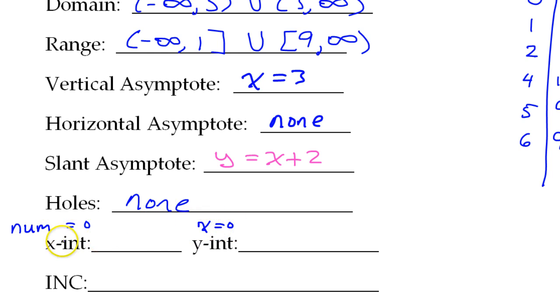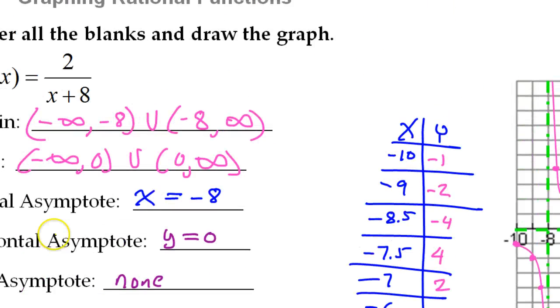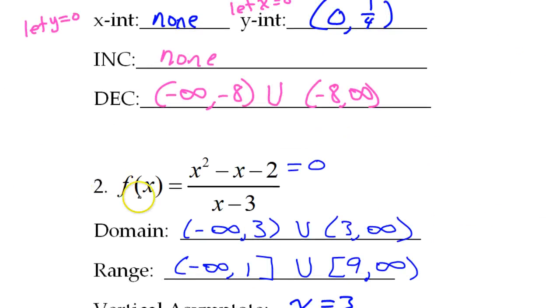So first of all, let's find the x-intercept by setting the numerator equal to 0. Oh, I went too far. Okay, so if I set the numerator equal to 0, I have this. Maybe this is factorable, so let's try that. If it doesn't factor, I'll have to do the quadratic formula.